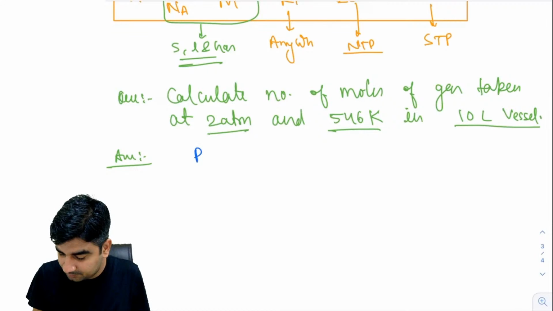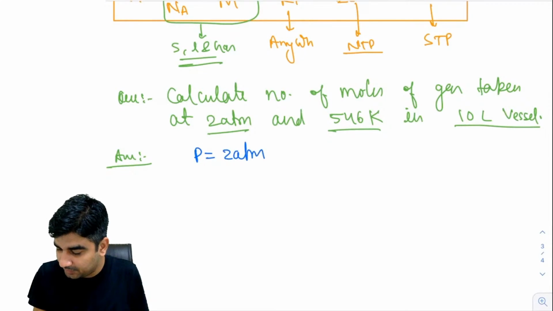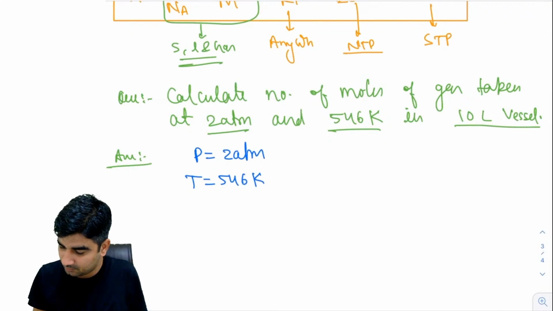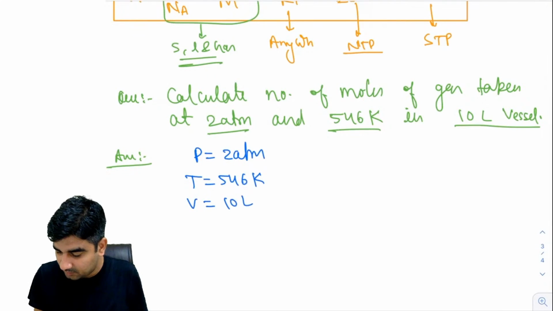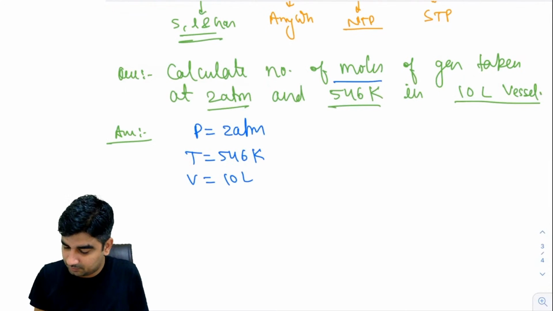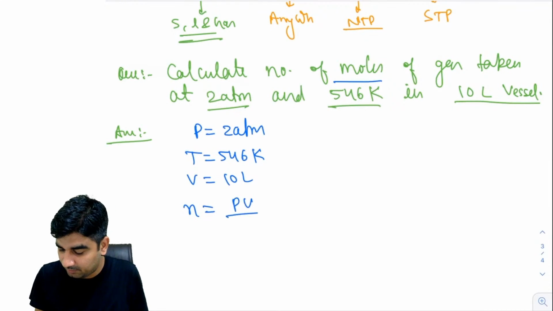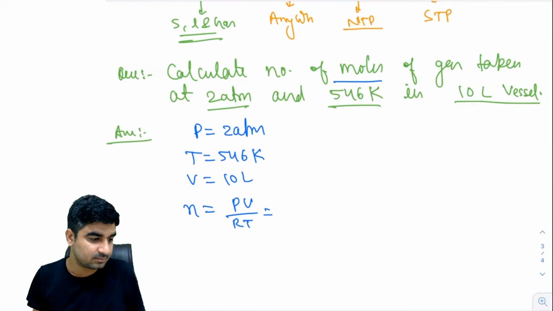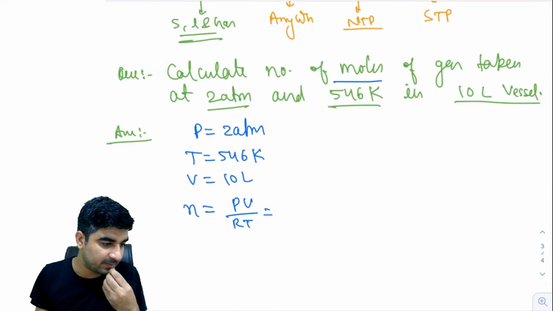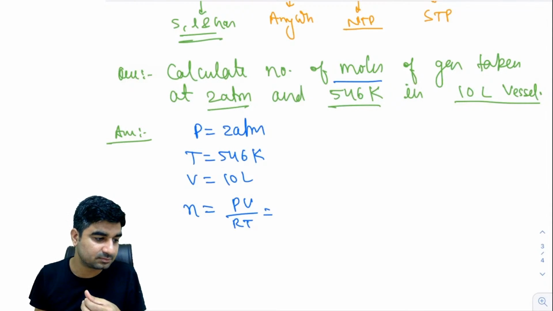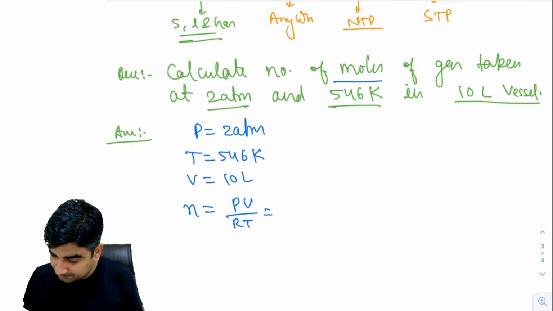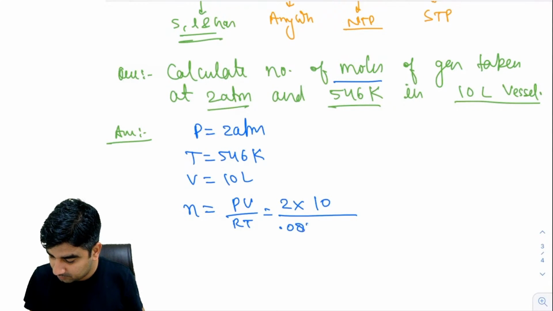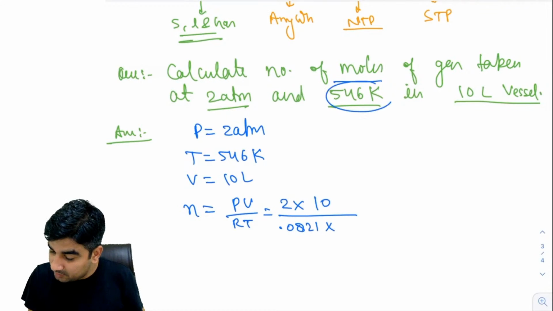We are given 2 atm, volume 10 liter, n will be, yes, so pressure will be 2 and volume is 10 into this 546.